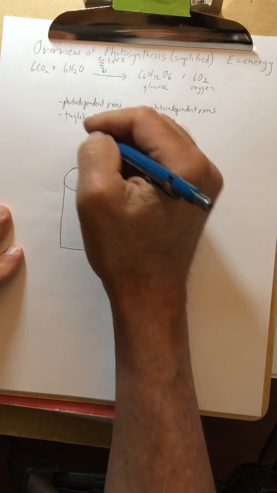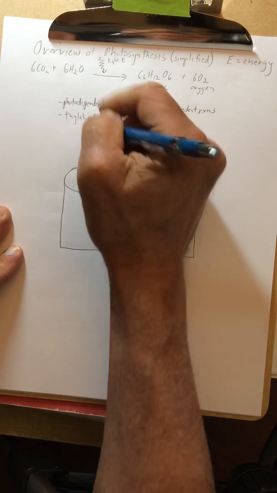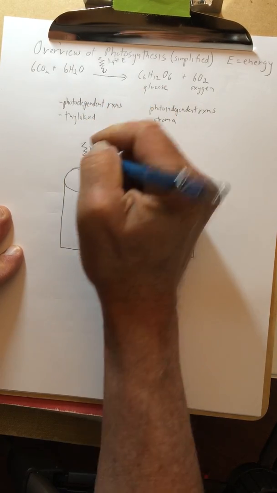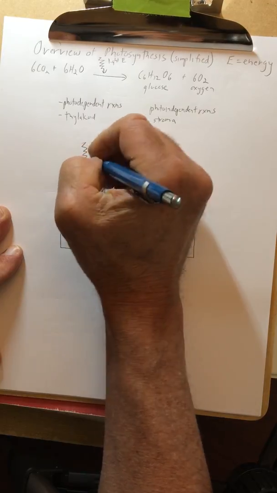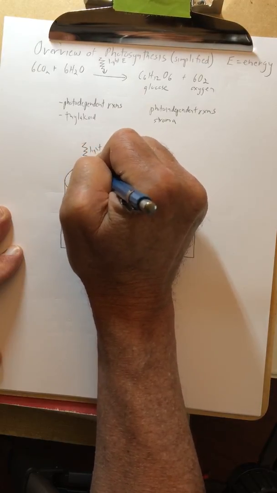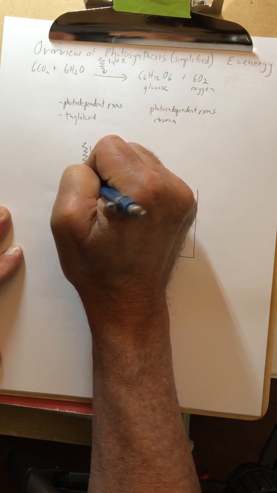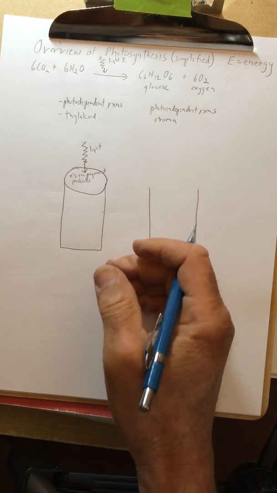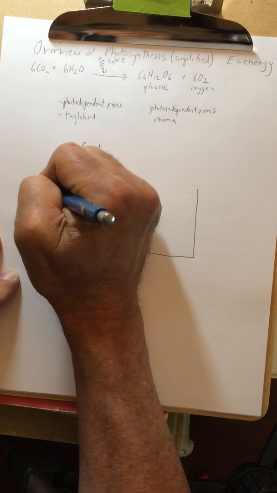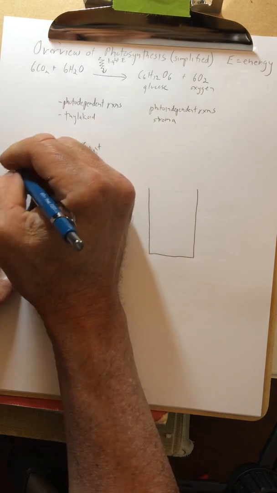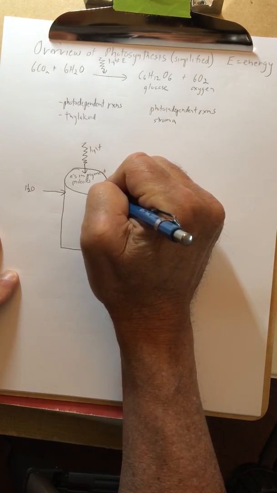All right, so the first step here is that we have light shine down, and it's absorbed by electrons in pigment molecules. And the pigments are things like chlorophyll is the one you hear of most often, but there are several pigment molecules. And as part of that, the water molecules are split.